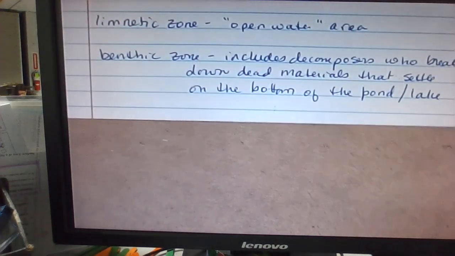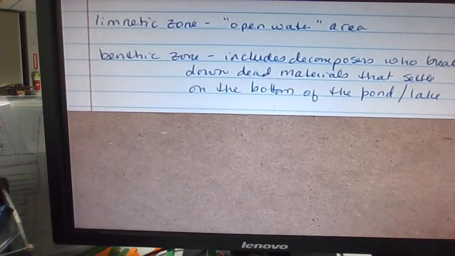Then the benthic zone, that's basically the bottom of the pond, bottom of the lake.